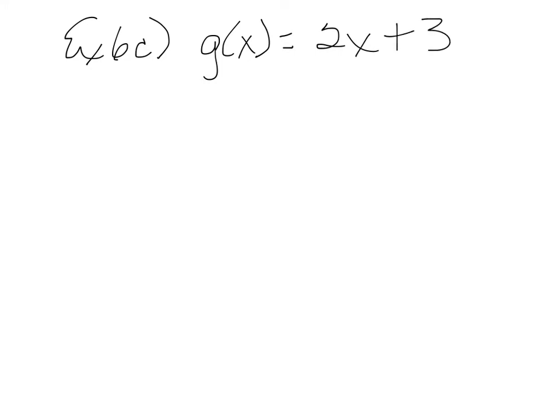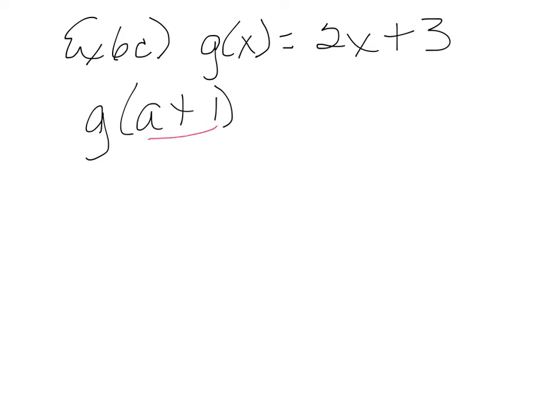What if we have something super amazing like this? We end up with example 6c, and I have g of x is equal to 2x plus 3, and I want to find g of a plus 1. So instead of just a number in there, I have the whole a plus 1.